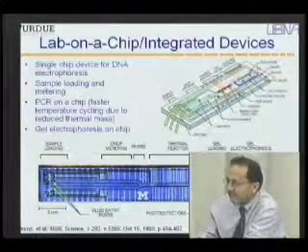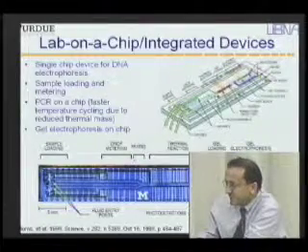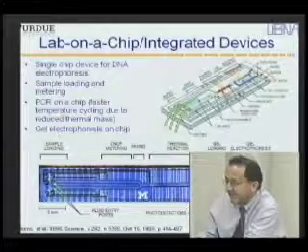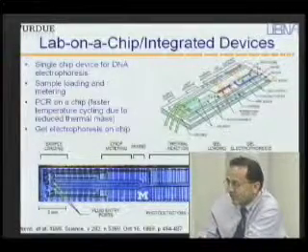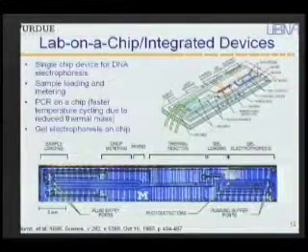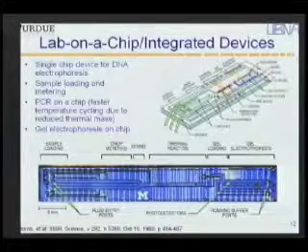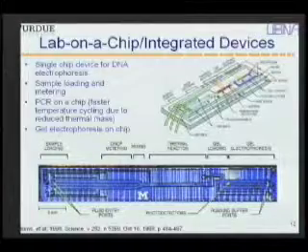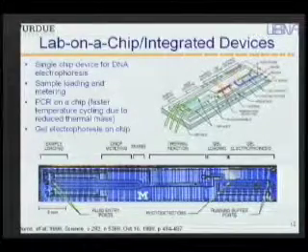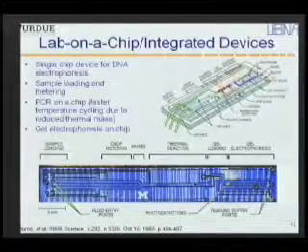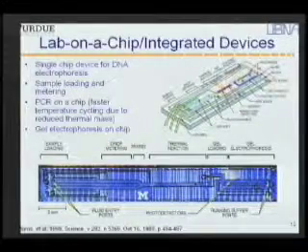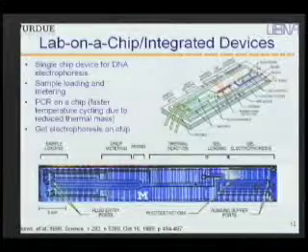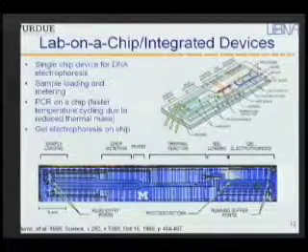So the idea is that you can move a sample that has some DNA and do a PCR on a chip right here. And the advantage of doing a PCR on a chip is that, because you have a reduced thermal mass, you could get much faster temperature cycling. And you can take a small sample of DNA and amplify it on a chip and then move this further down into this gel loading area and then run a gel right there on the same chip.